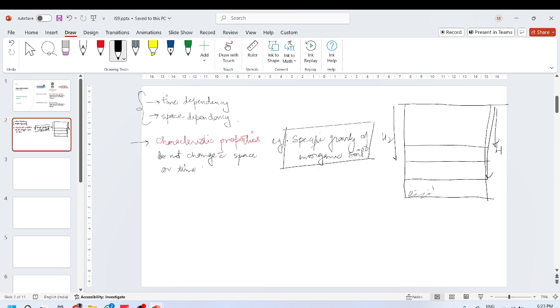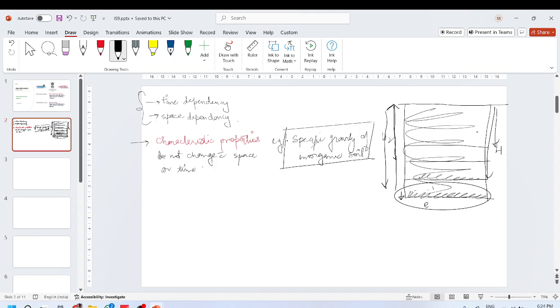This will have a higher weight over it. This will have a lower weight over it. Confining stress here is more, and with more confining stress, your void ratio will be low here. Void ratio as you go towards the surface will increase. The void ratio as you go down will decrease because of the presence of this load here. And as the void ratio decreases, so does the permeability.